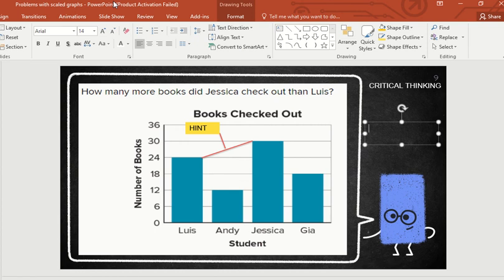What's your answer? 30 minus 24. And what will be my answer? Can you count it? Okay, 6. Which means that Jessica checked 6 books more than Lewis.